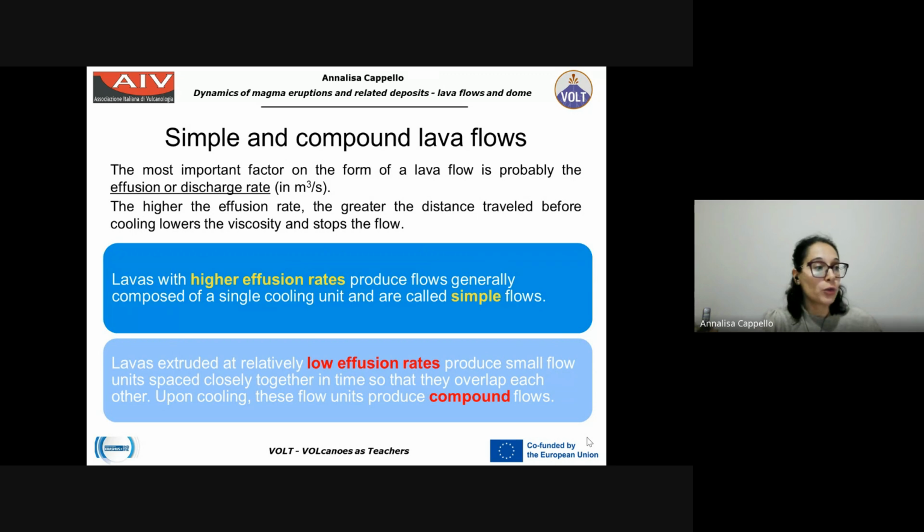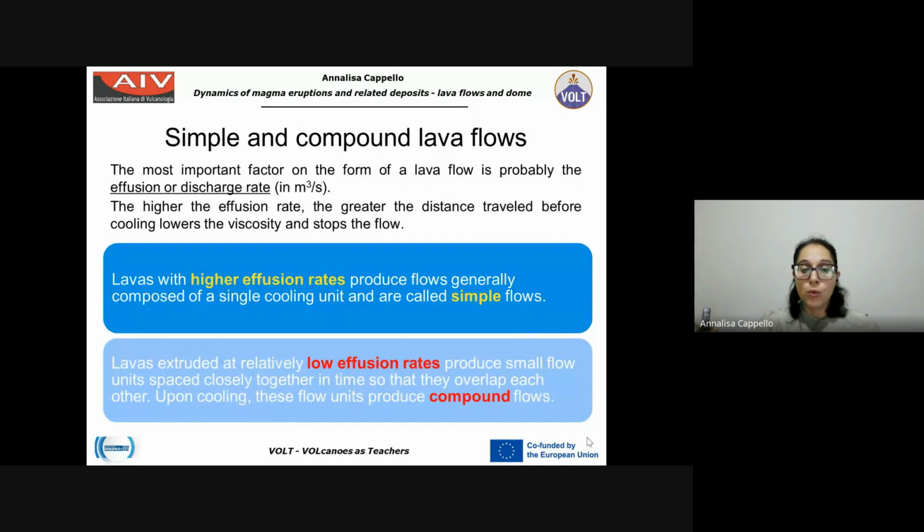The higher the effusion rate, the greater the distance traveled by the flow before stopping. When the effusion rate is very high, generally the lava flows tend to be composed of a unique cooling unit, so they are called simple flows.